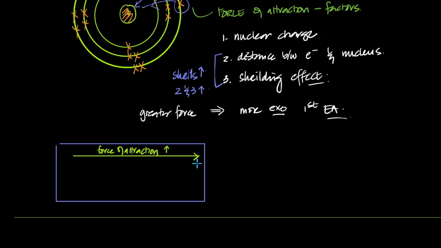And therefore in AS we had done this, that ionization energy increases. And down a group the force of attraction decreases.